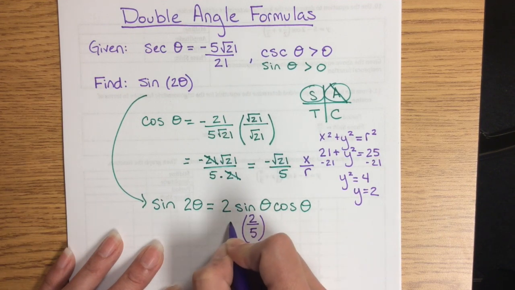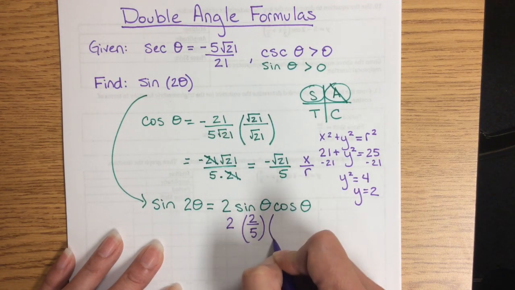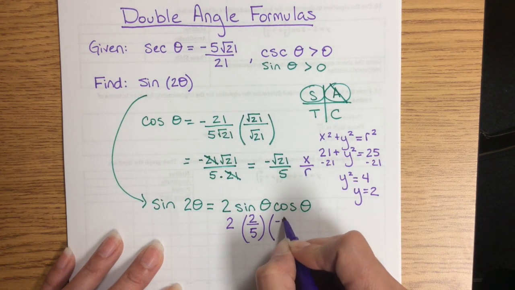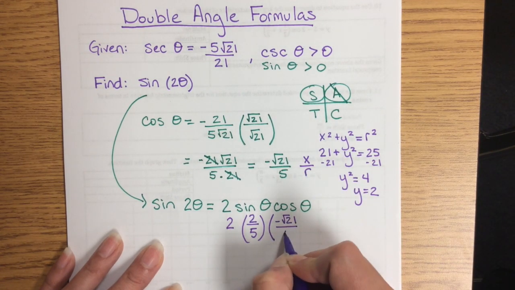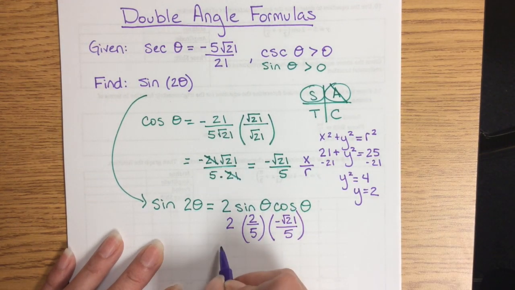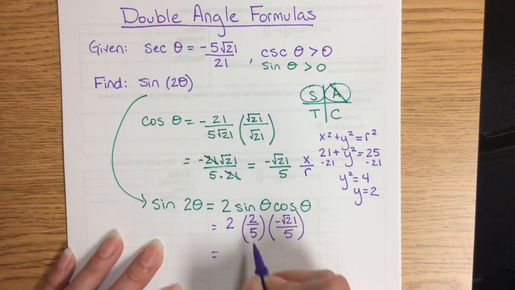And then don't forget to bring this 2 down. And cosine we have right here. So that's negative square root of 21 over 5. And so now we just need to multiply this all together. So 2 times 2 is 4, square roots of 21. Don't forget our negative there.